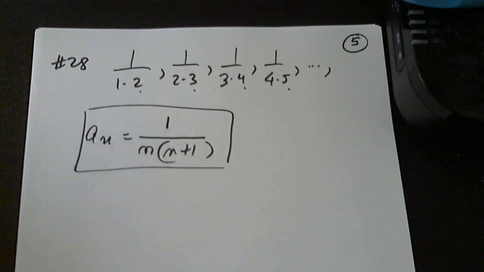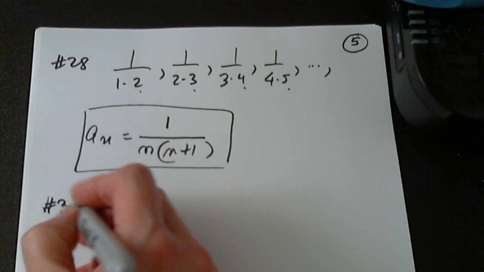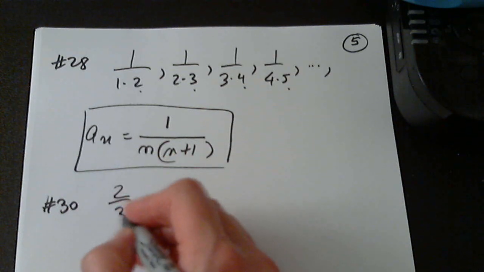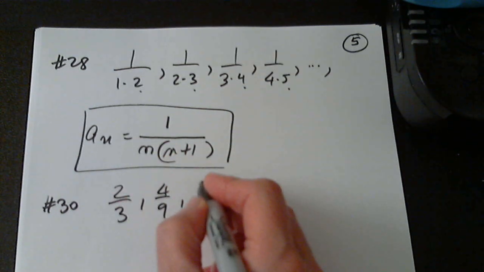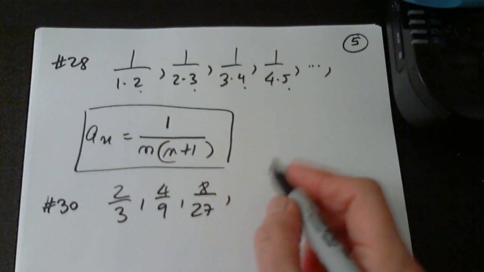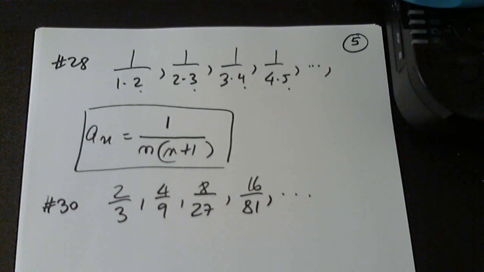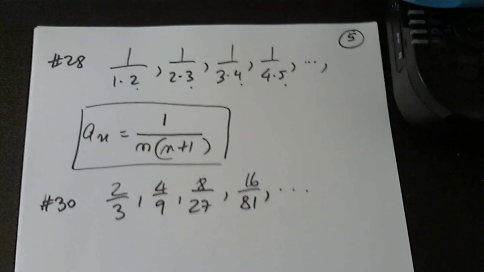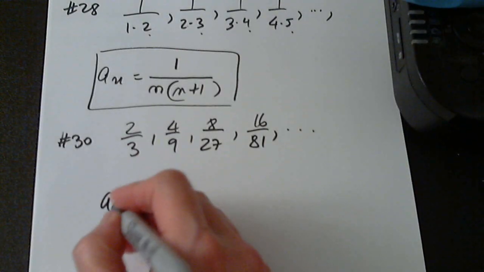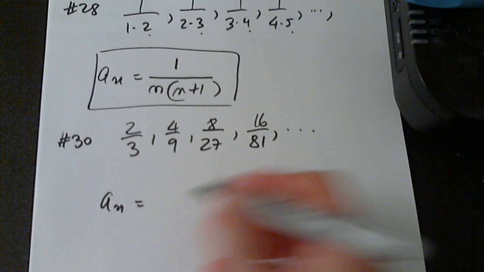We do 30. Yep, perfect. Let's look at 30. 2/3, comma, 4/9, 8 over 27, 16 over 81, and so on. The question is the nth term or the general term. So we want a_n. Obviously, it's a fraction.